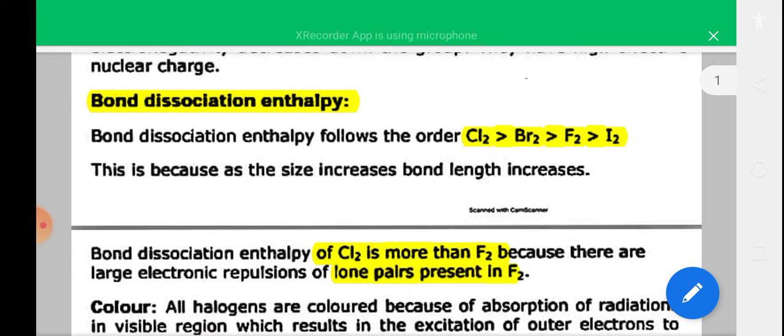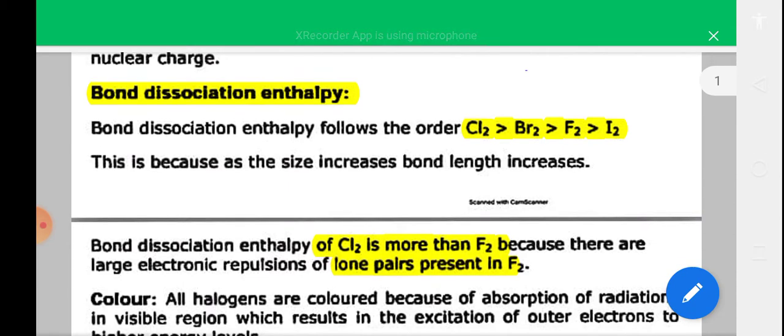But here one point you have to remember, that bond dissociation enthalpy of chlorine is more than fluorine. Why? Fluorine is the smallest, so bond dissociation energy of fluorine should be more than chlorine, but bond dissociation energy of chlorine is higher. Why?